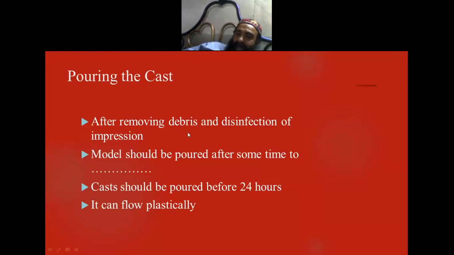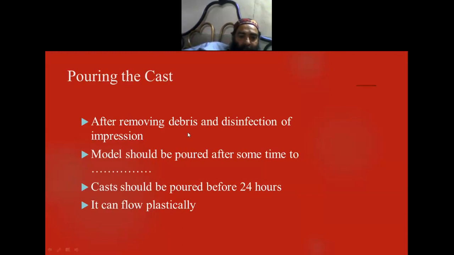The model should be poured after some time to complete the viscoelastic recovery, to return to its original position after the stress which was produced by undercut areas or any other pressure faced during taking the impression.